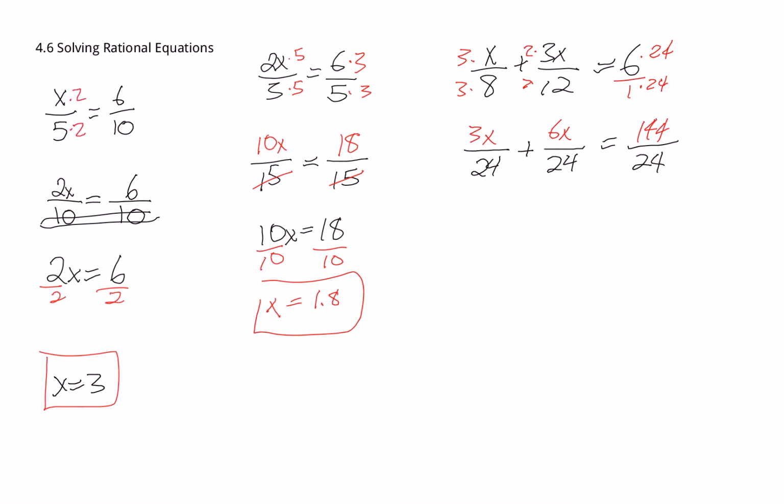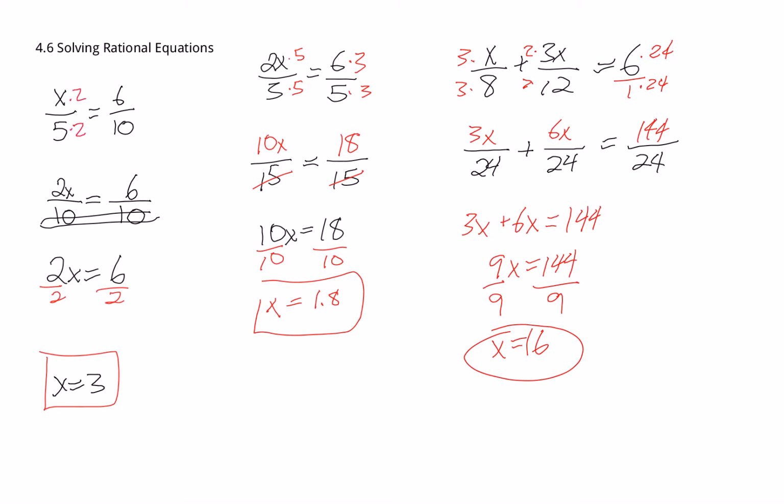Okay, so now that we have the common denominators, once again we ignore the bottoms. So our new equation will be 3x plus 6x equals 144. So if we simplify that, we get 9x equals 144. So 144 divided by 9 gives us an answer of 16.